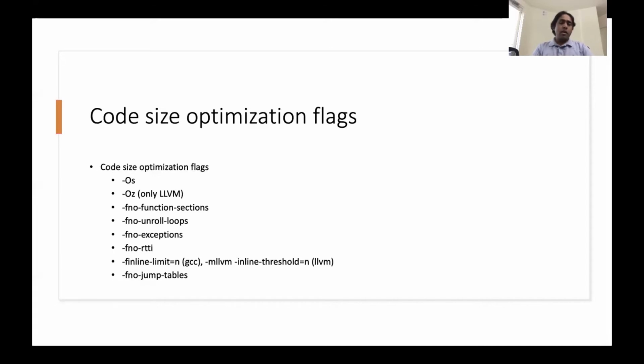The next one is -fno-rtti. In C++, when we use dynamic cast to take advantage of runtime polymorphism, the compiler generates some metadata in the binary, and that is used to infer the type.